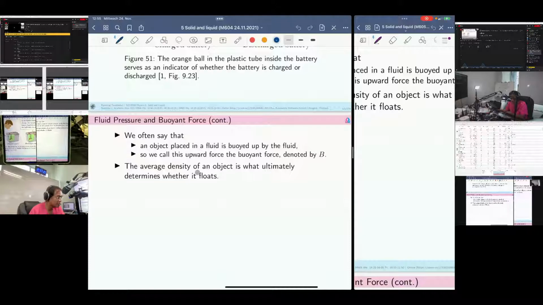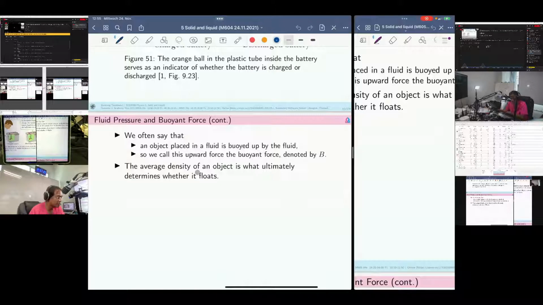In the first example on the left, okay, this is what we have in this experiment. In the first experiment, the density of the object, which means the blue cubic here, is less than the density of the fluid. The fluid means the liquid here.